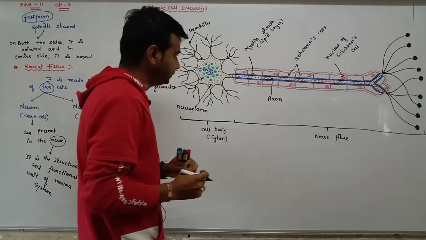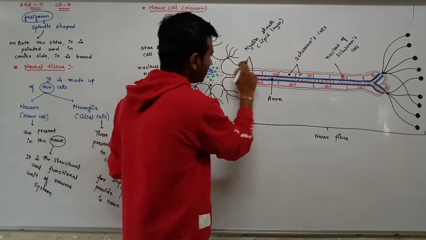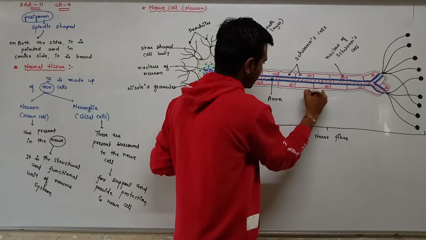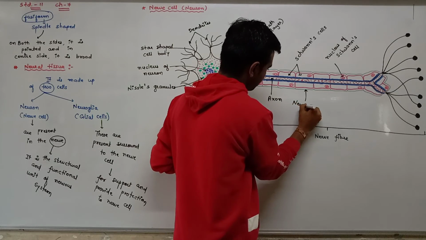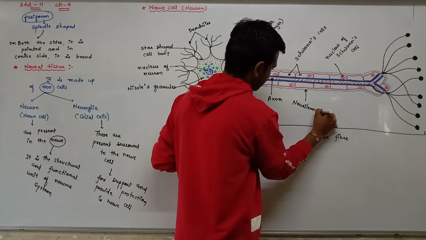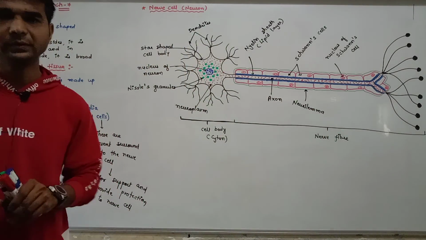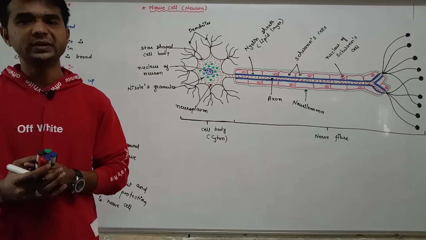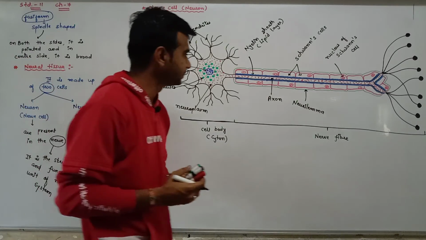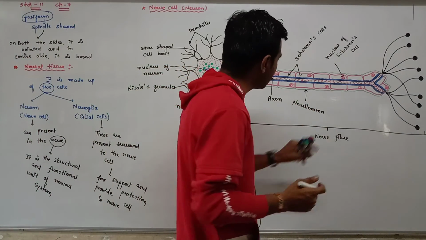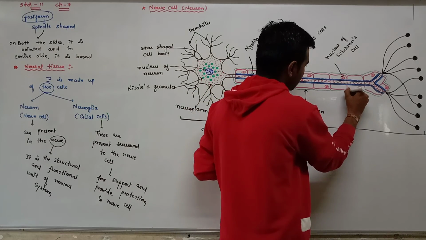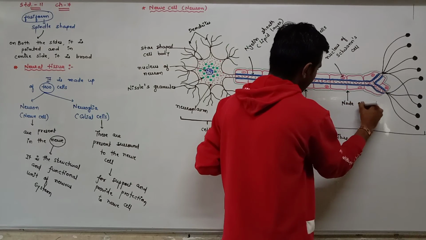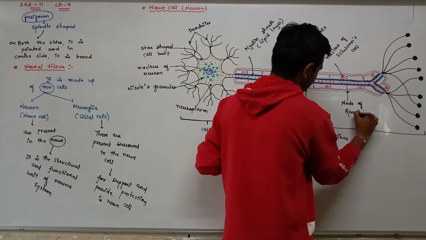Fine. Now, the green color layer surrounding this Schwann cell is known as neurilemma. The outermost layer of the axon fiber, or outermost layer of the neuron, is known as neurilemma. And here the neurilemma is present in notch form. So this is known as node of Ranvier.